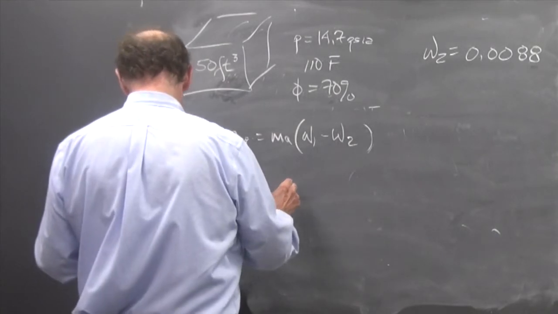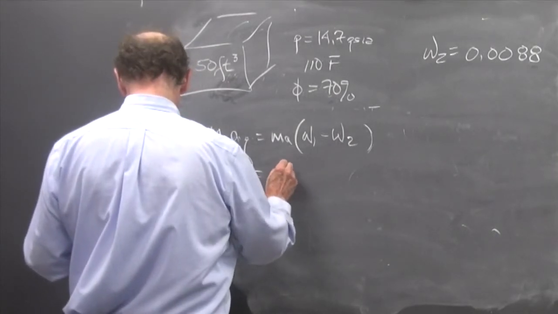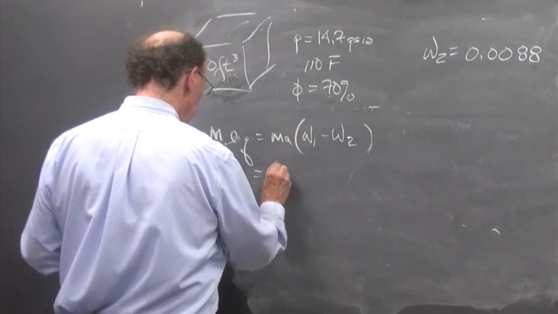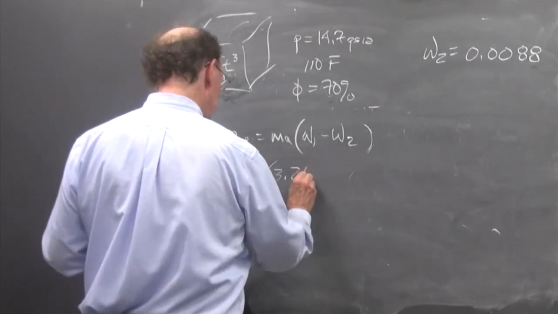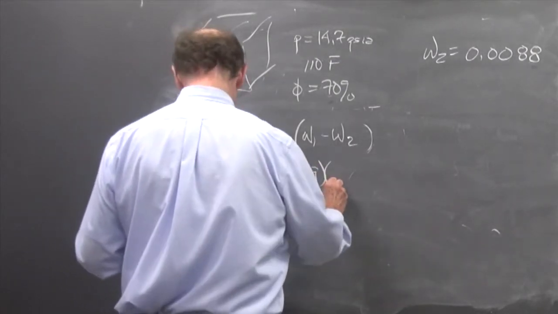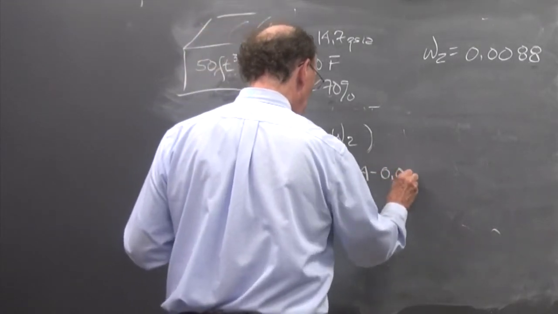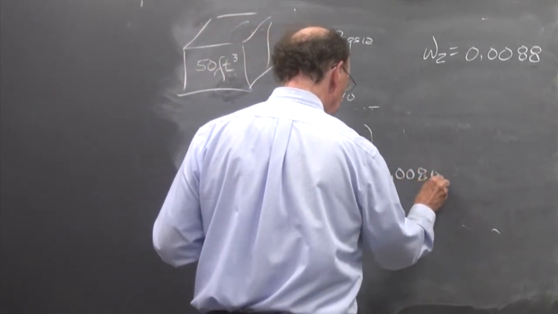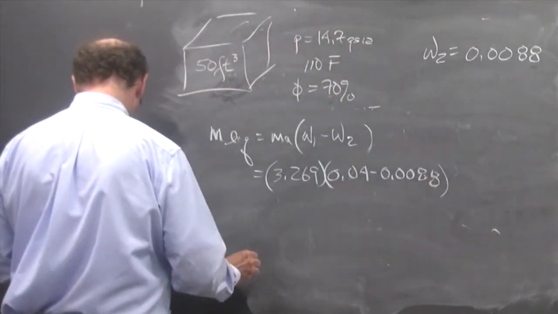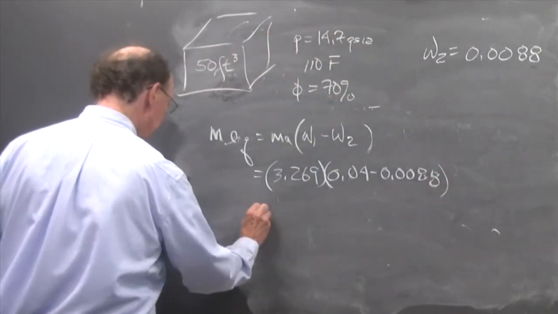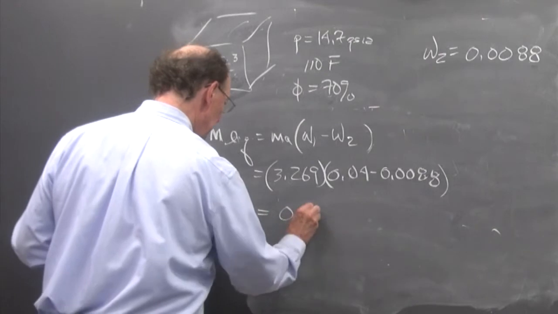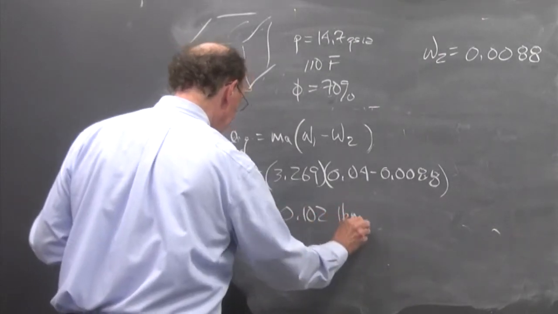So Ma, 3.269 times 0.04 minus 0.0088. We're going to have 0.102 pounds mass.